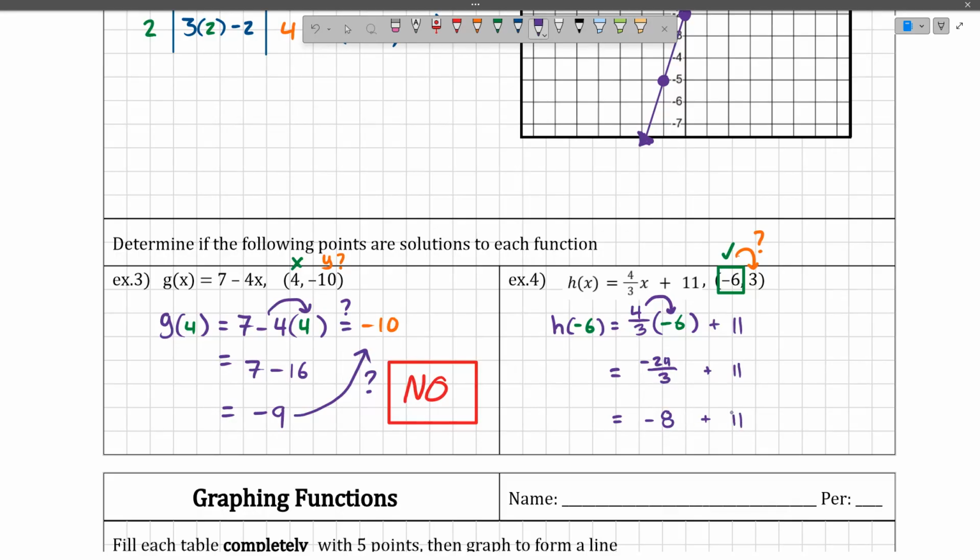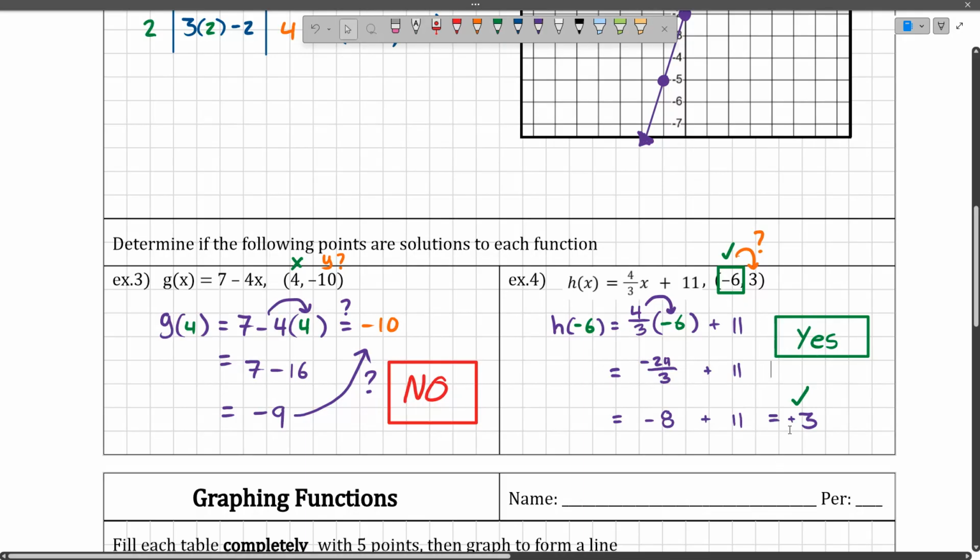And then -8 plus 11, different signs subtract, I end up with +3. So, when I plug in a -6, do I get a +3? Yes. I can say that, yes. -6, +3 is a solution.